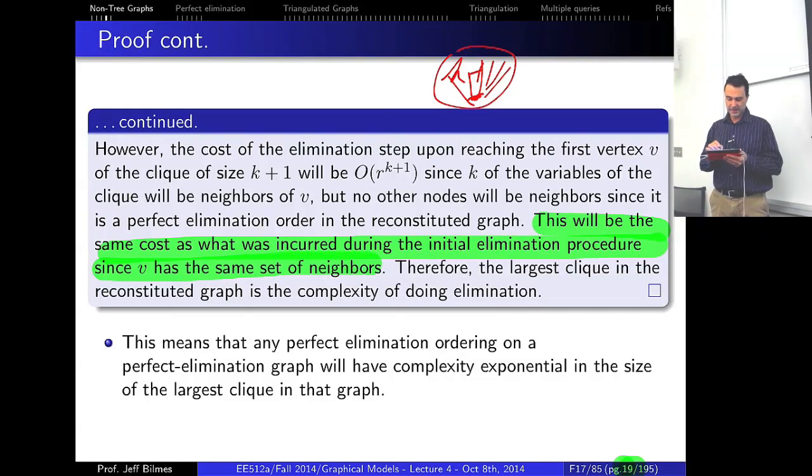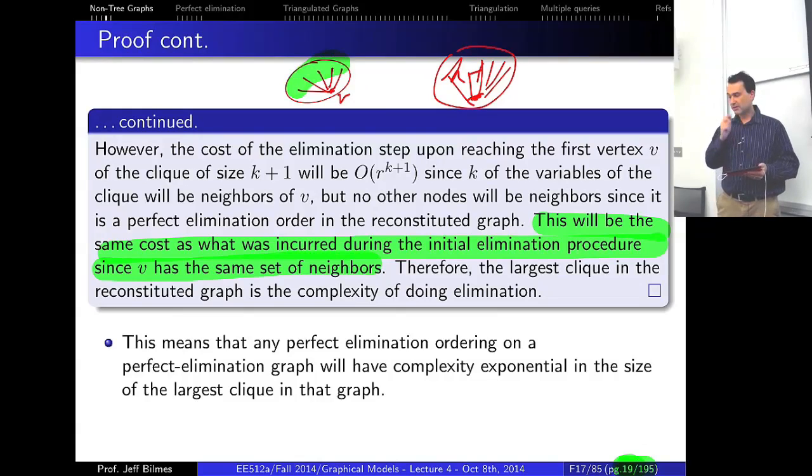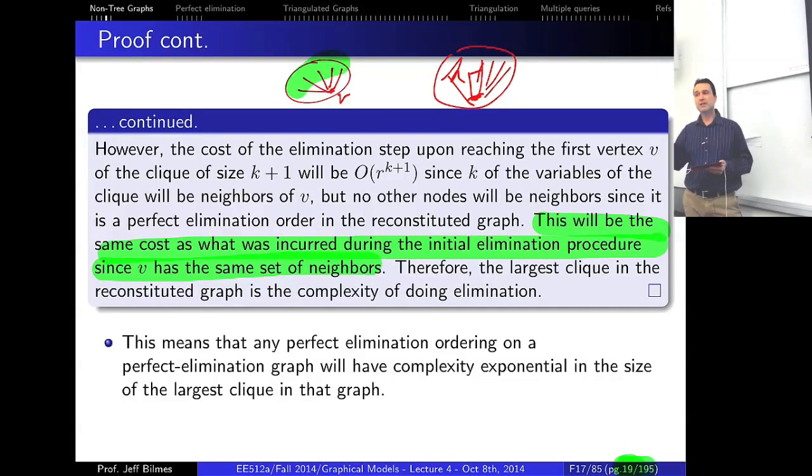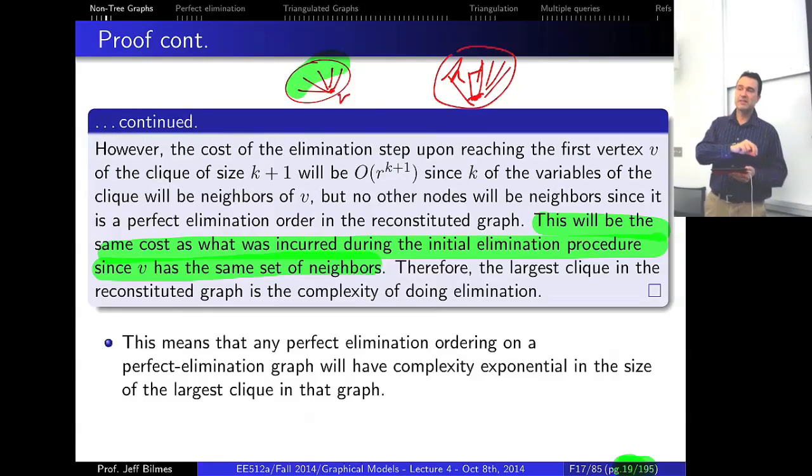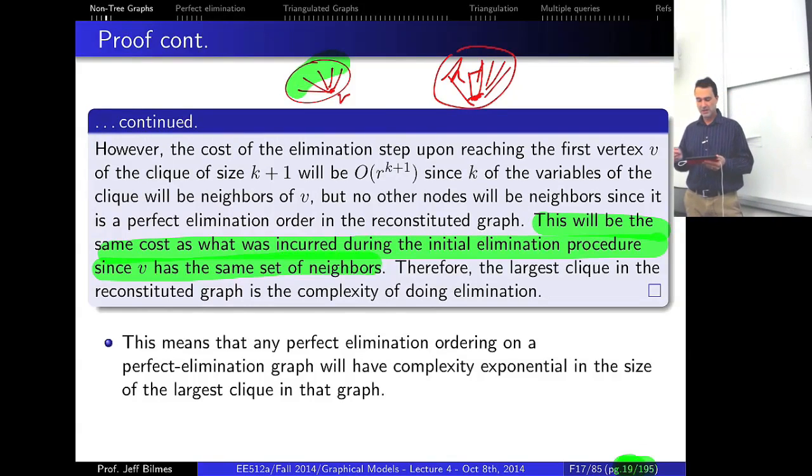So let's draw another figure here. Say this is some clique, and here's some vertex v, and it's got, say, k neighbors. We know that all of these neighbors up here are going to be a clique in the reconstituted graph, because the neighbors of v in the original graph and in the reconstituted graph are the same.